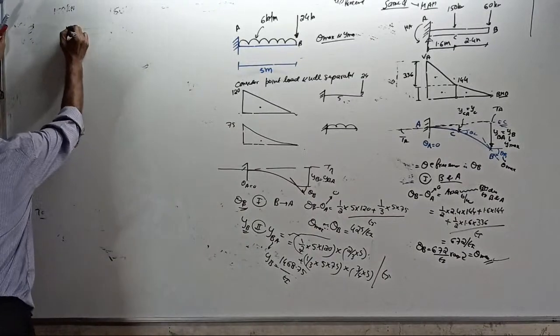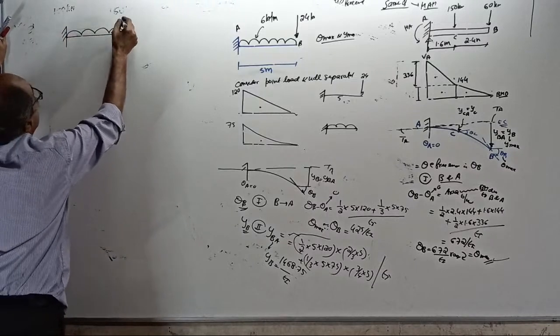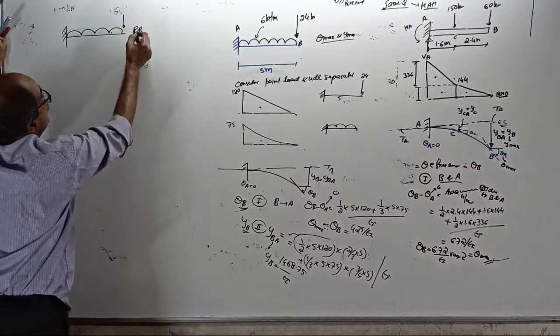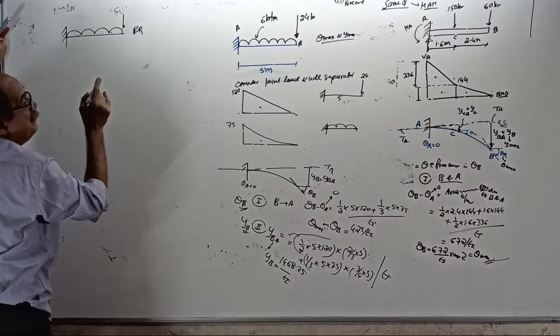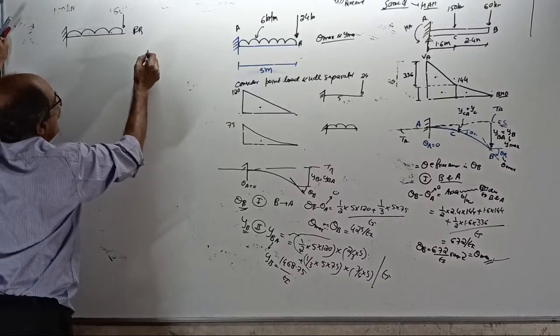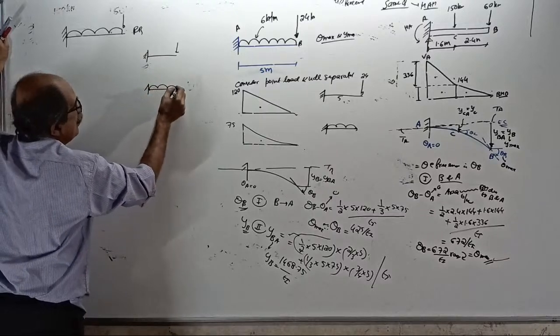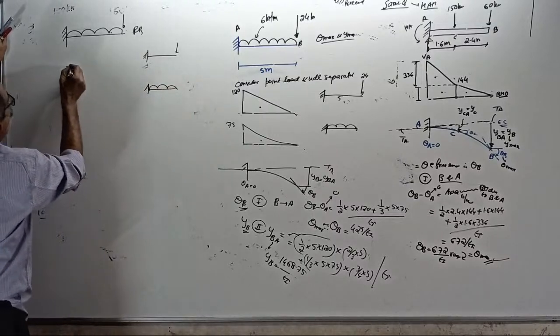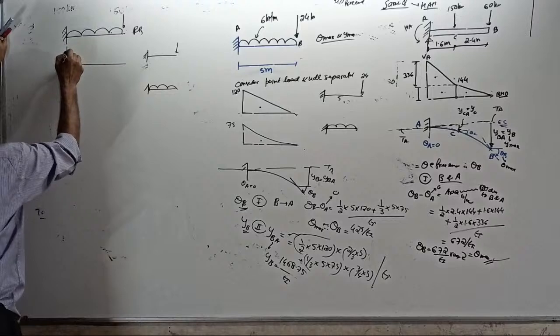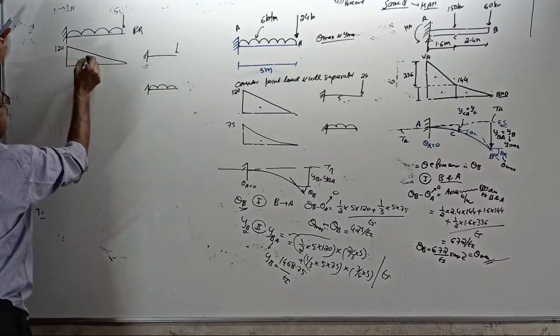Conjugate beam method. This is the real beam. Now, draw the BM by EI diagram. The bending moment diagram for the point load and the BMD for the UDL are to be drawn separately. One diagram will come like this, you already know it: 120 here, minus.